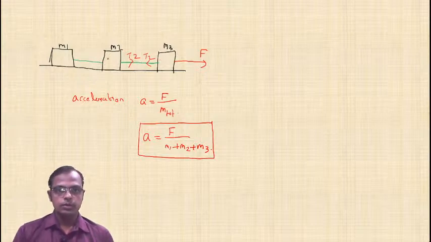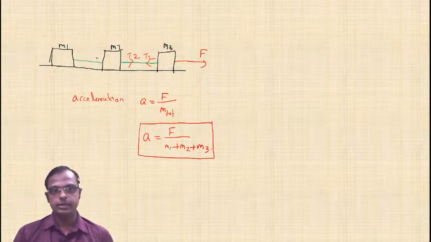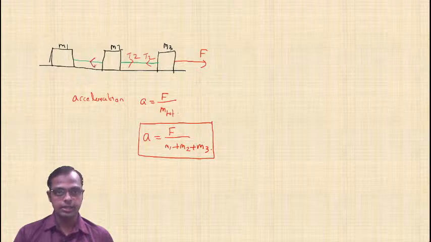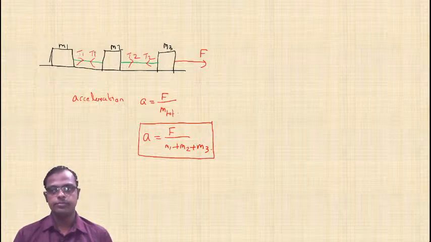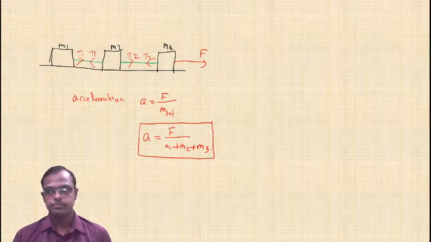Now due to this T2, there will be a tension acting in between M1 and M2. So you can mark the tension on the string in between M1 and M2 as T1. The same tension will be acting towards the right on M1, that is T1 itself. Alright.